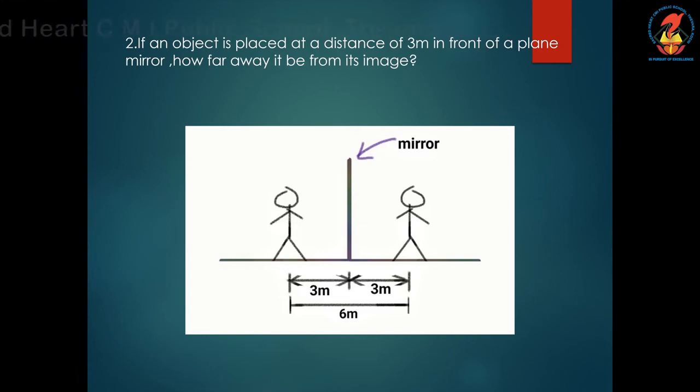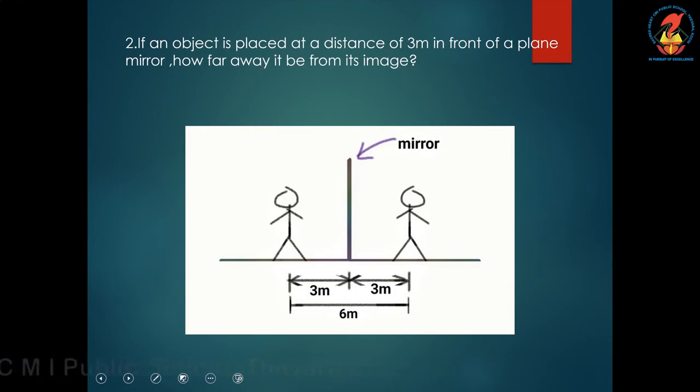If the distance between the object and the mirror is 3 meters, the distance between the mirror and the image is also 3 meters.